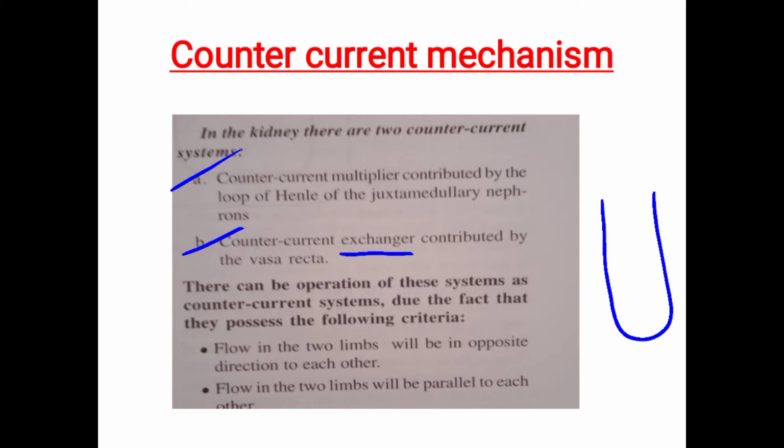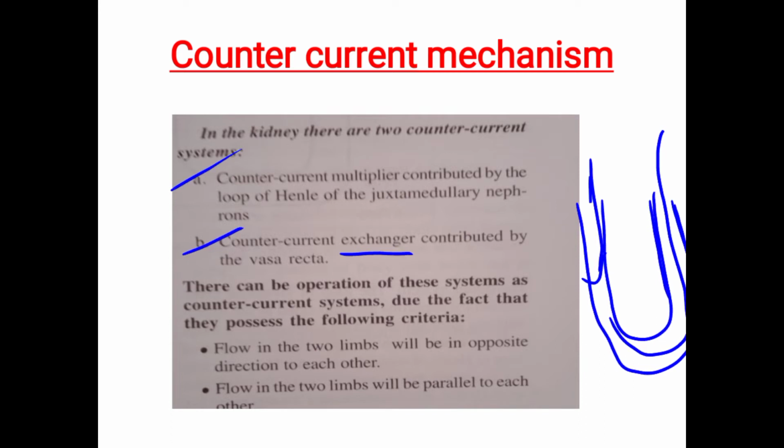These two systems help in this operation. Mainly, the flow in the two limbs will be in opposite direction. This is the loop of Henle. Now the filtrate is passing down here, and when it goes up the ascending limb, it is in the opposite direction. This is coming down, this is going up.